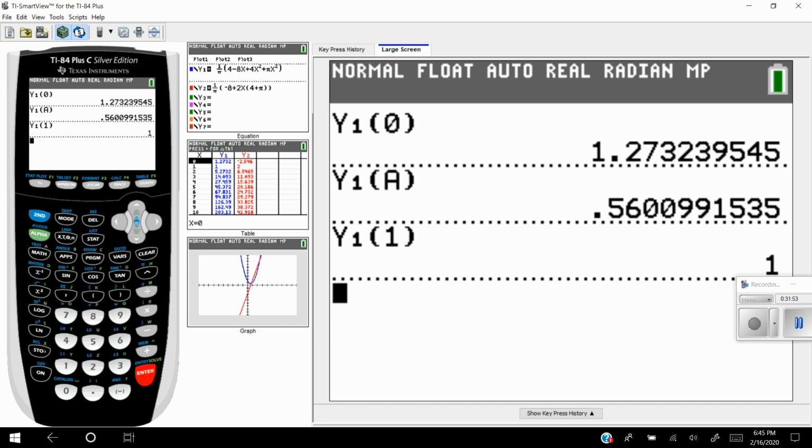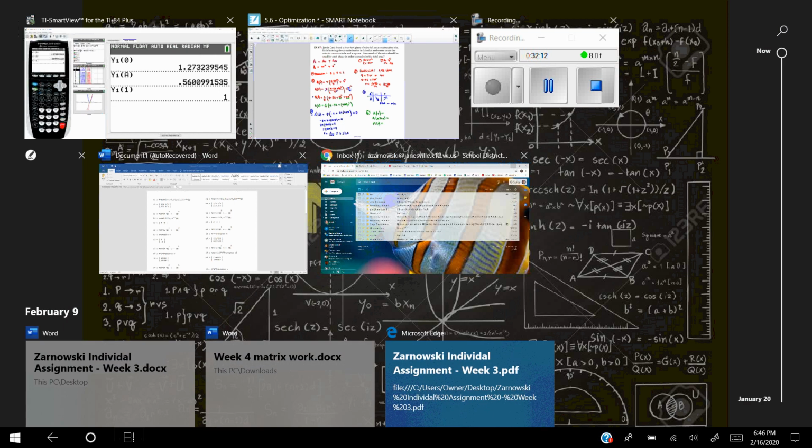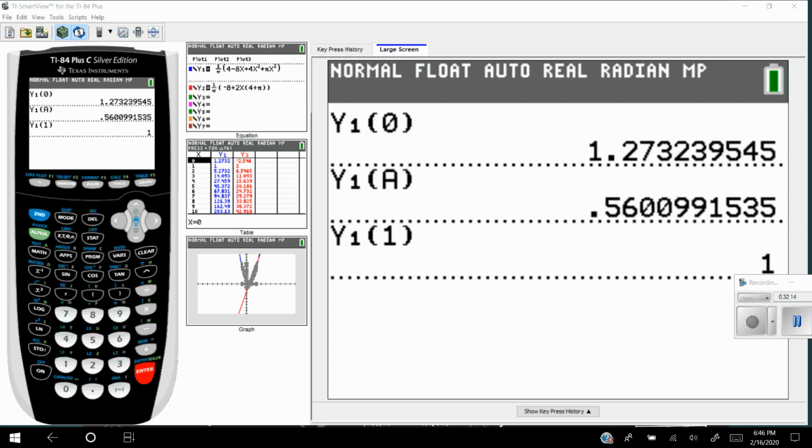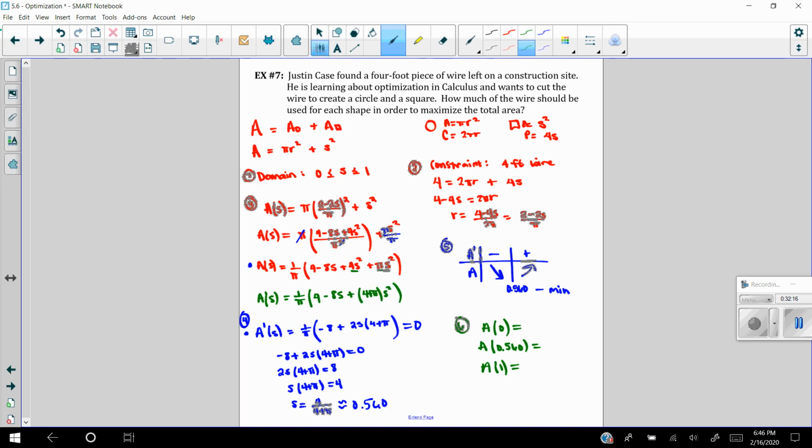So what I'm actually seeing here is that the maximum area will occur if we have a side length of the square at 0, meaning no square, and we use the entire wire to create a circle. Okay? So let's go ahead and put this information on our screen over here.